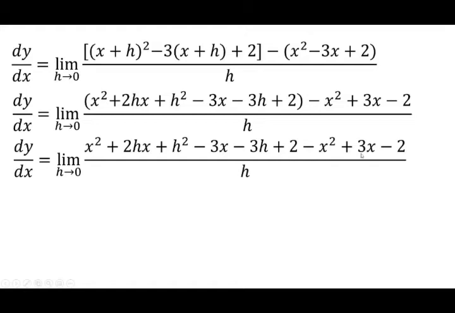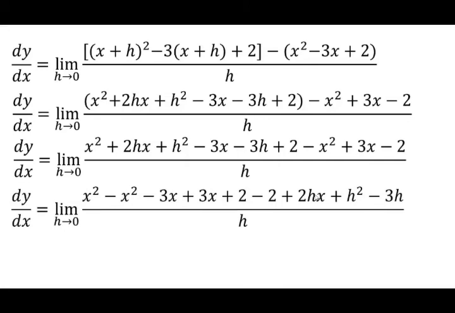So, after removing the parentheses, sulat muna natin na magkatabi yung mga like terms. Ano ba yung like terms? Yung x square minus x square, then minus 3x plus 3x plus 2 minus 2, then yung mga wala ng katulad, plus 2hx plus h square minus 3h all over h.